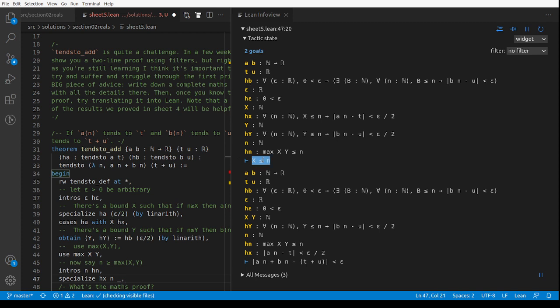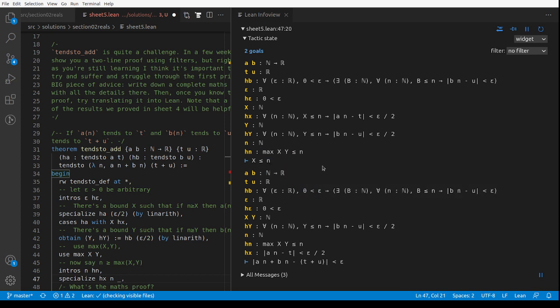So now we've got this extra goal, and you see the problem now. We want to prove that n is at least x. But what we have is that n is at least the max of x and y, which of course implies that n is at least x. But I mean, Lean is a dumb machine, right? Lean needs to be told why that's true.